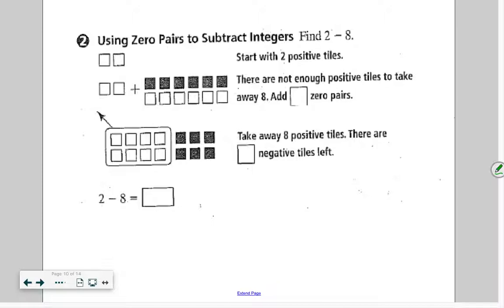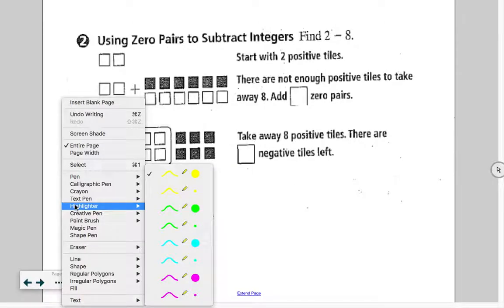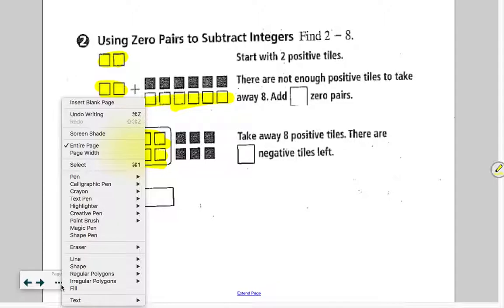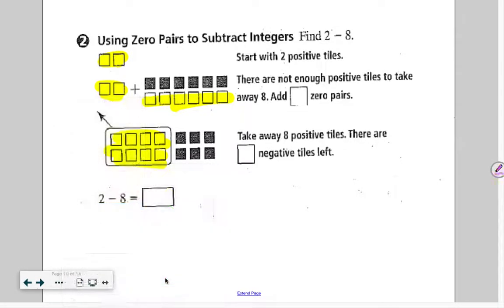Okay, next one. Zero pairs. So let me get caught up with my highlighting here for you guys. Anything that was clear is yellow. And I told you anything that was black should be pink. What did we say this week is a zero pair?